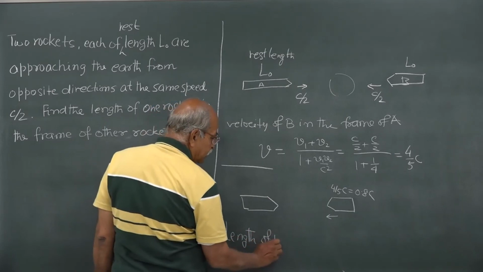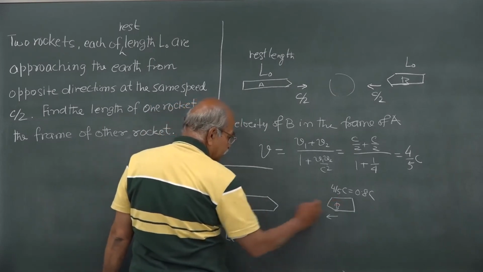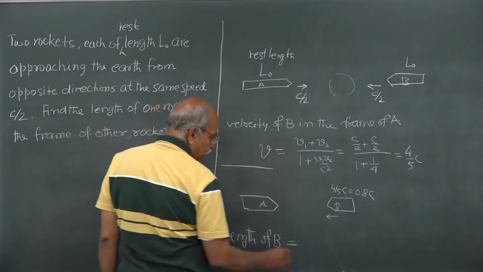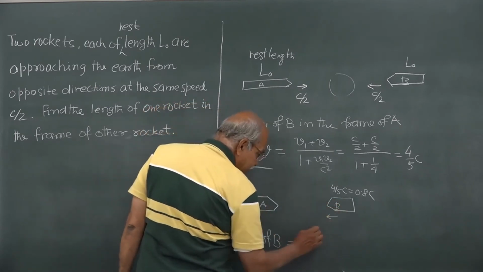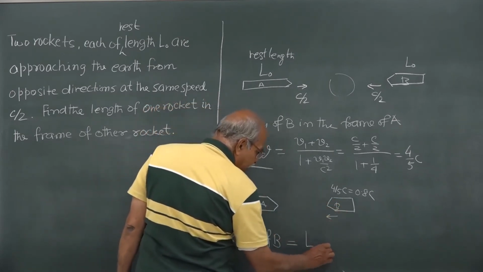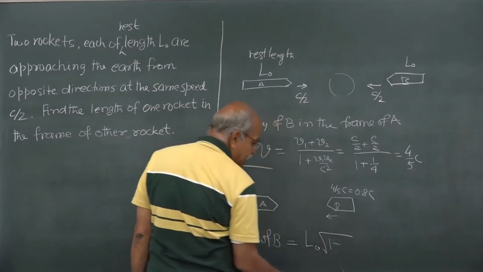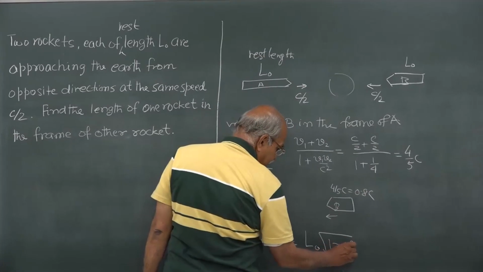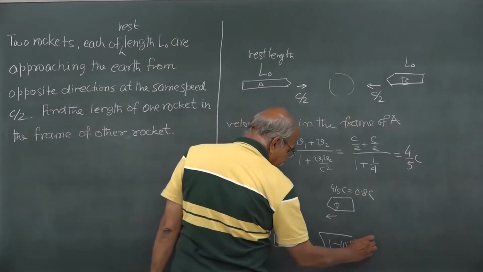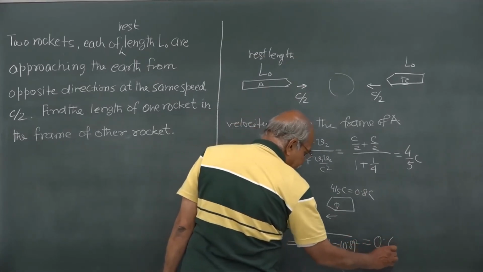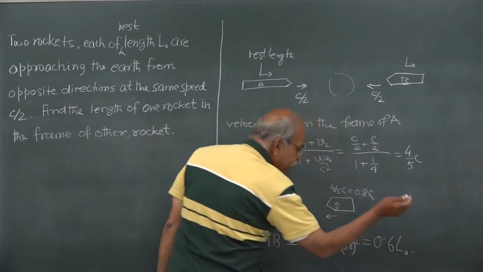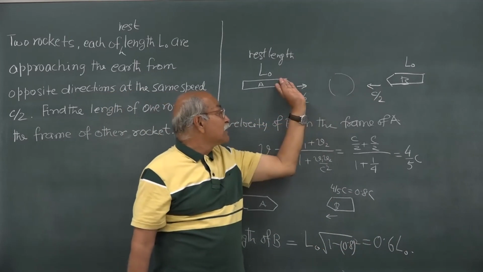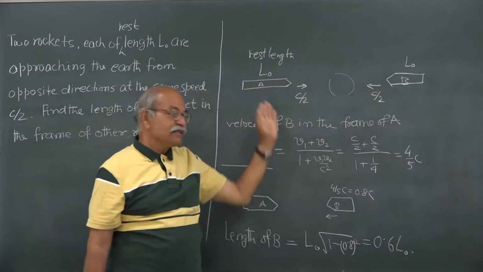Length of B is equal to, as in from this A, its rest length, which is L naught, and then contracted by this factor, square root of 1 minus V square by c square, that is with 0.8 square, and that is 0.6 L naught. So, that is the length of this rocket measured in this frame.